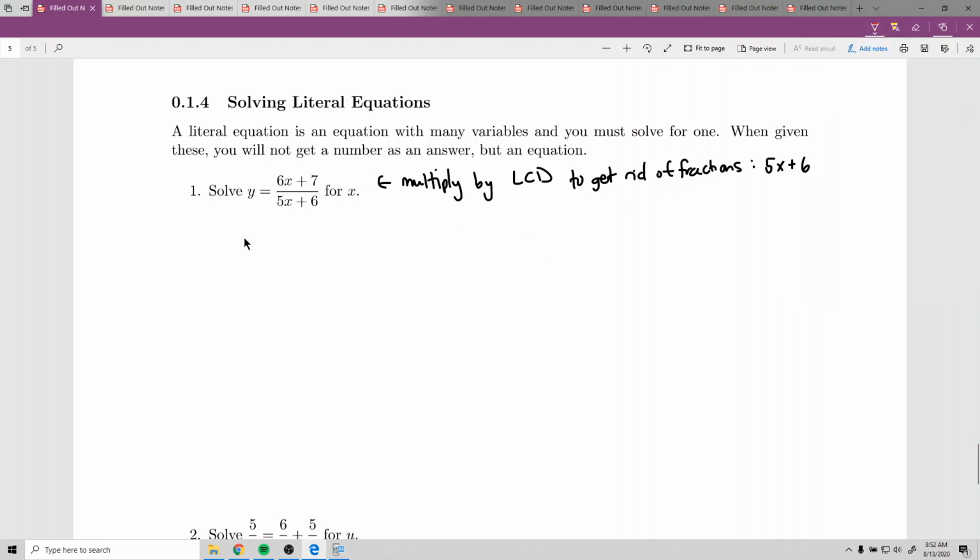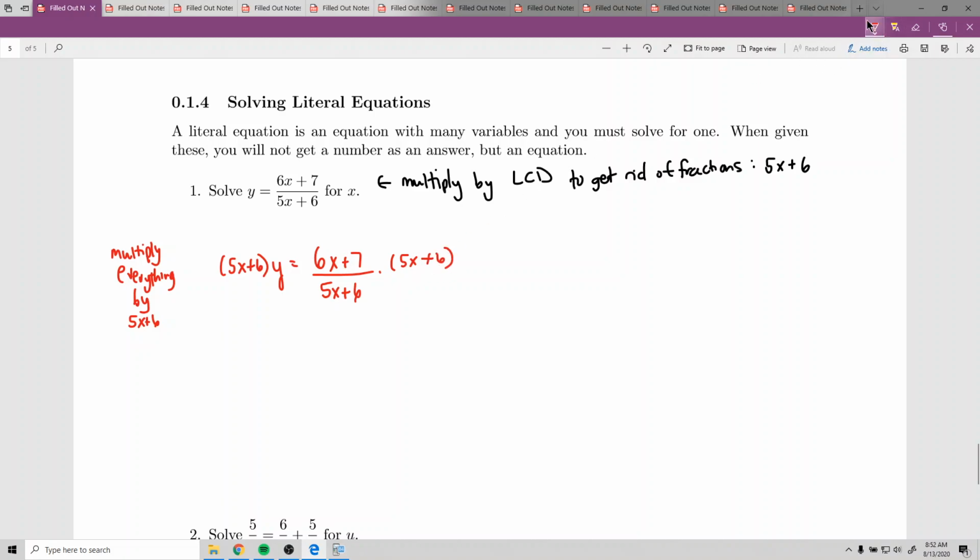All right, so what I'm going to do is take my equation and multiply everything by that 5x plus 6. I'm going to do it on the left, so I got 5x plus 6 times y. I'm going to do it on the right, so we got (6x plus 7) over (5x plus 6), and then multiply that by 5x plus 6.